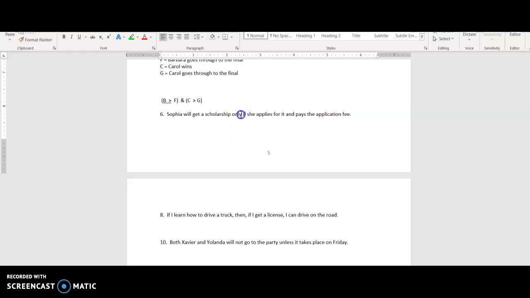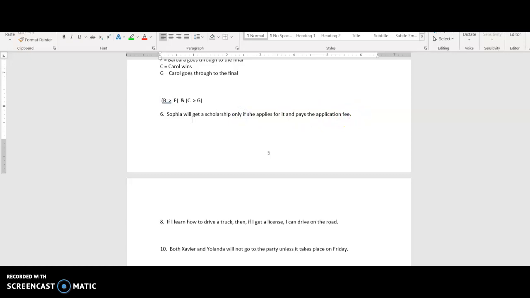If we got rid of this only, it would be a very different sentence, because whatever comes after the if would be the antecedent of the sentence. But once we have only if, that changes things. The easiest way, I think, to remember how to do only if is that you just substitute the horseshoe, using the greater than arrow for horseshoe on the keyboard, and keep the order exactly the same.